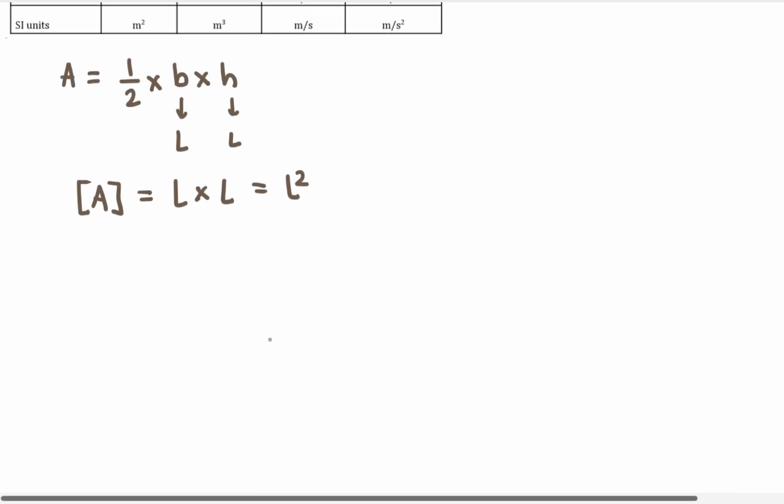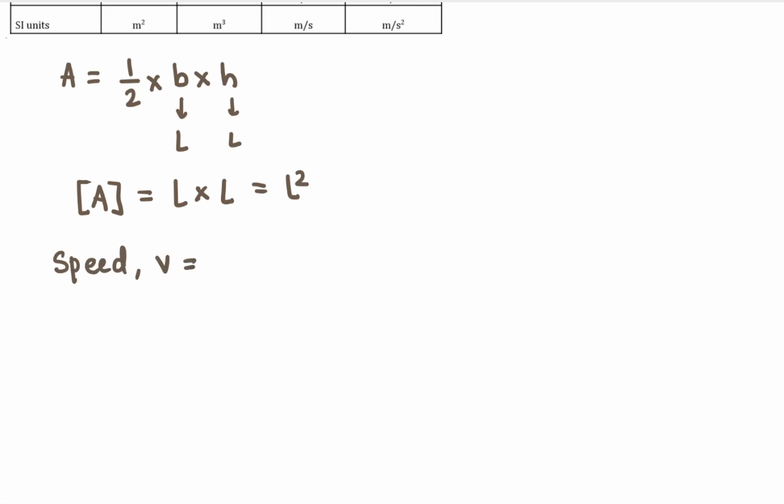Similarly, for speed, which is distance over time, distance is just length between 2 points, and time is time. So the dimension for speed is length over time.